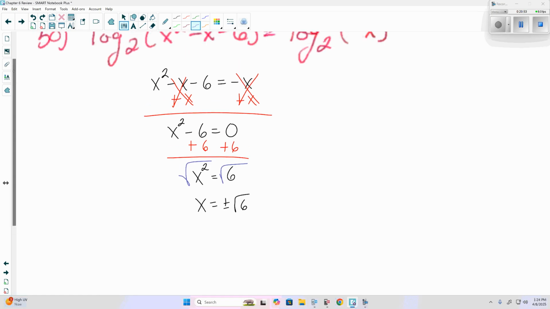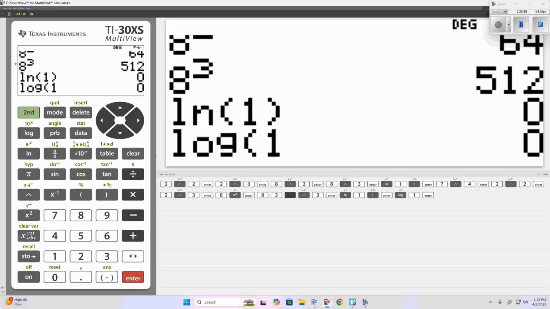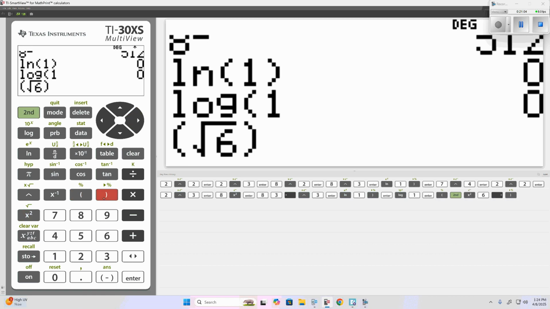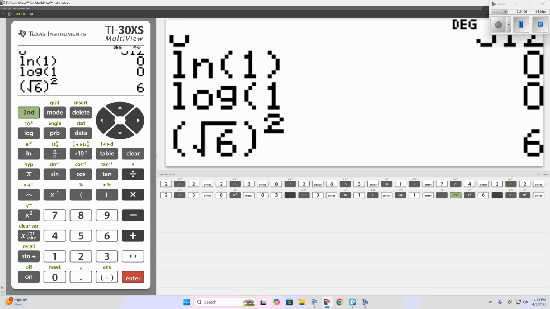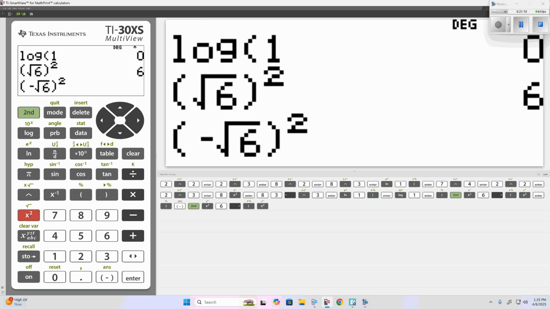Anytime we take the square root of both sides, we have to add the plus or minus. Because the square root of 6 squared is indeed 6, and negative square root of 6 squared is also 6. So we do have both.